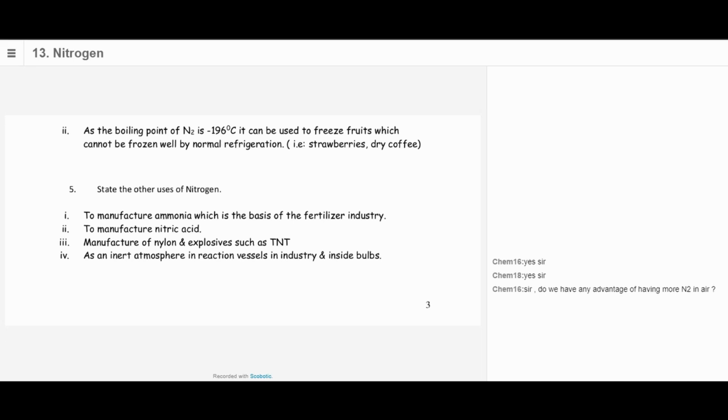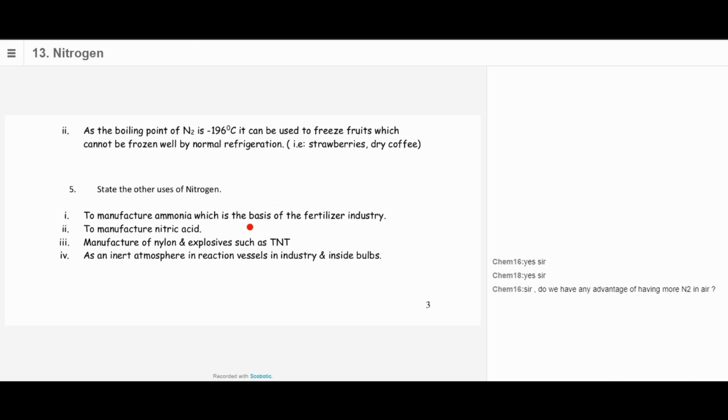Ammonia is important, nitrogen is important, as also the ammonium salts can dissolve easily in water and break into ammonium ions, so the roots of the plants can easily take them up. And also nitrogen is used in the manufacture of nitric acid.